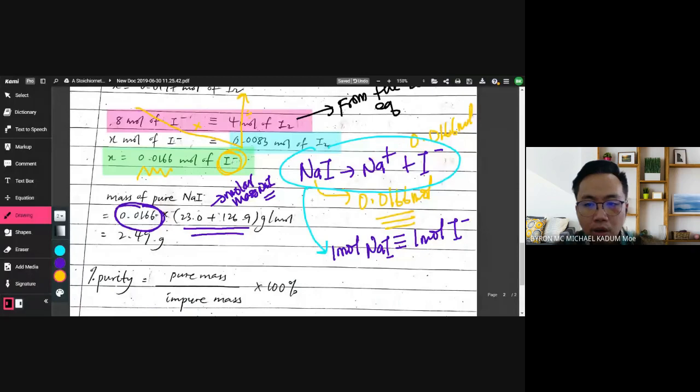So bila kita dapat mol of I minus, kita tahulah dia adalah bersamaan dengan mol of NaI. Okay? So far? Okay, sir. Yang lain? Boleh komen? Boleh, sir.